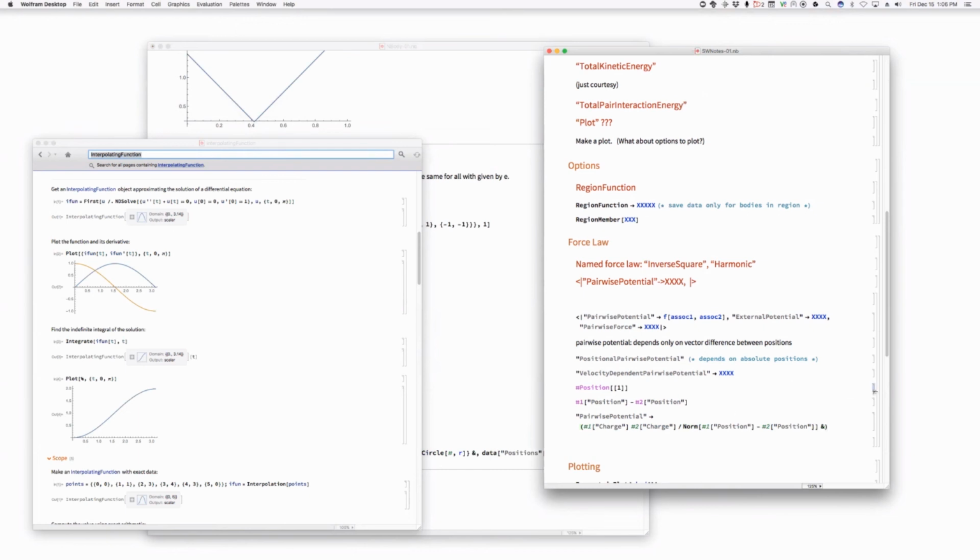Now, the default here would be, I think, so pairwise, but just inverse square means gravitational inverse square.